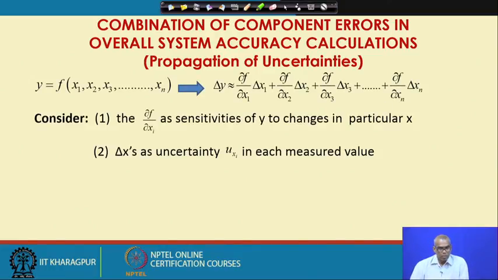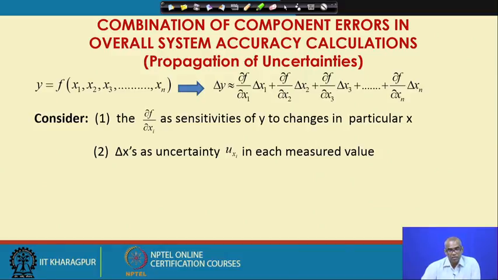Now, we consider this del f by del x_i as the sensitivity of y to changes in a particular x, because del f by del x_i represents the change in f with respect to change in x_i. Change in f is nothing but change in y.